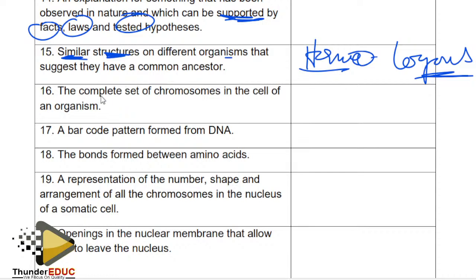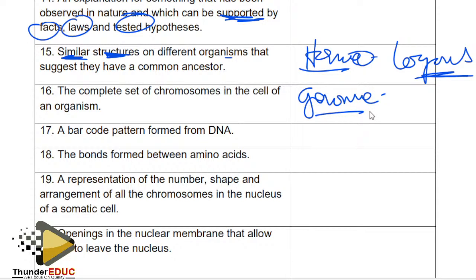Then they're saying the complete set of chromosomes in a cell. How do you call that complete set of chromosomes? It is a genome. You confuse three things: genome, karyotype, and genotype.